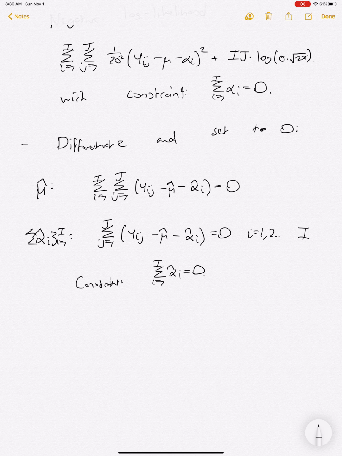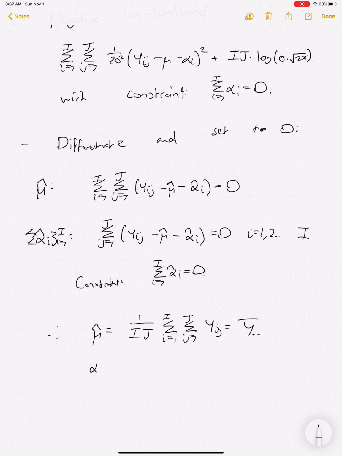When you go through the math in this case, you can see that mu hat is just equal to 1 over ij times the sum of yij, and I'm going to use the notation y bar dot dot. The dot means that we're taking the average over both the subscripts.